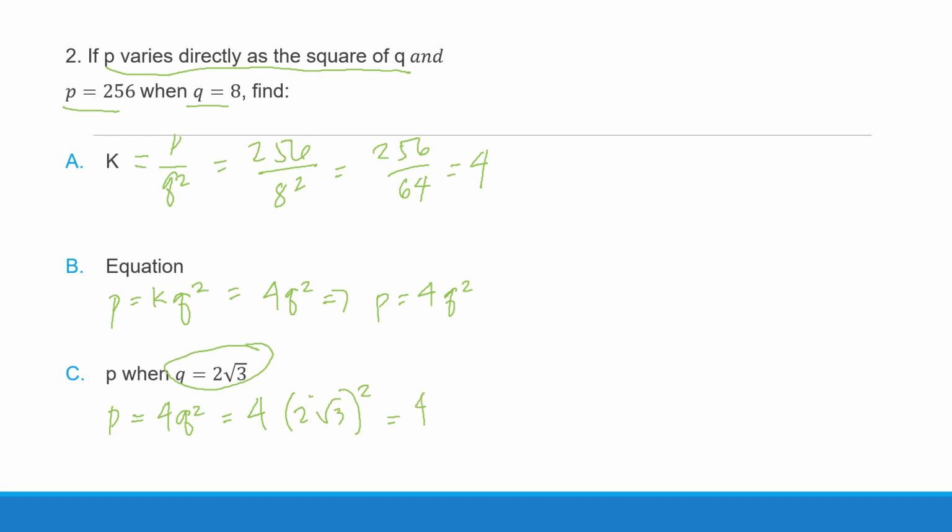So you have 4, then 2 squared, and then square root of 3 quantity squared. What is 2 squared? 2 times 2 is 4. Here, we can cancel the radical sign, so we have 3. So 4 times 4 times 3 is 4 times 12, which is equal to 48. So this is our final answer.